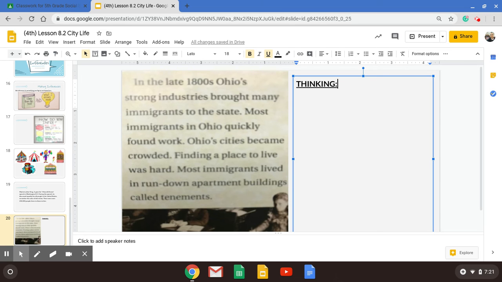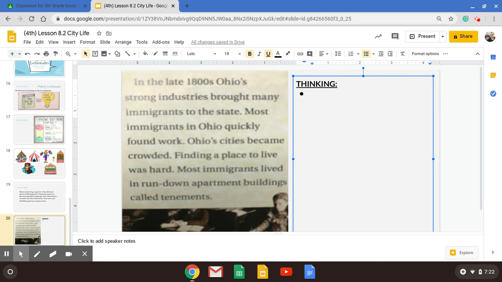Most immigrants in Ohio quickly found work. Ohio's cities became crowded. Finding a place to live was hard. Most immigrants lived in run-down apartment buildings. So let's think of some clues from our text on why immigrants had to live in run-down apartment buildings called tenements.